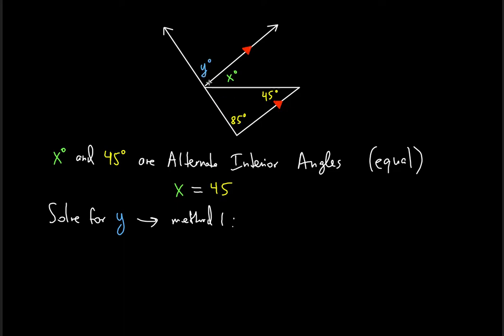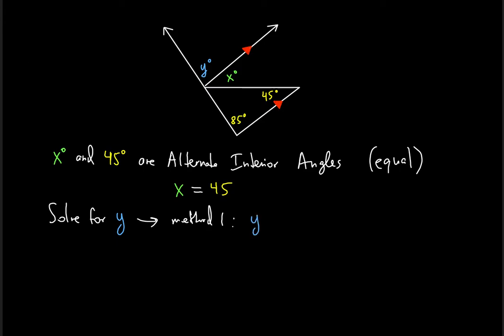Y is the same type of corner as the 85. Y is to the right of this transversal, and so is the 85, on the same side of the transversal, and they're both above each respective line. These two are parallel lines, and each of these angles is made above.